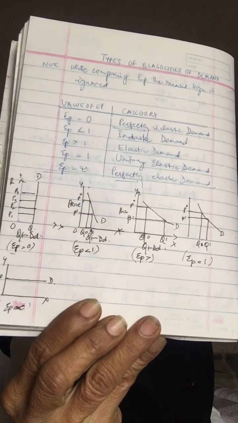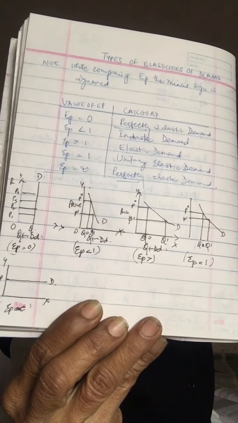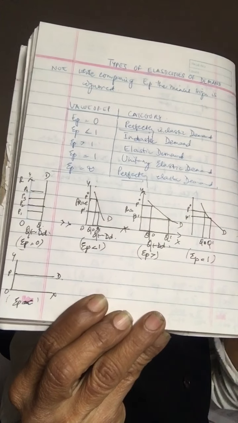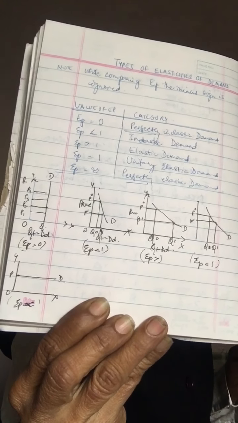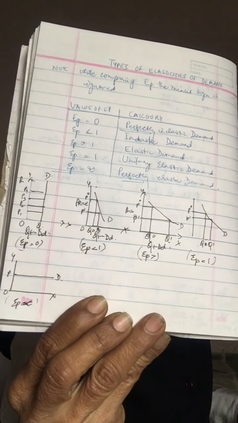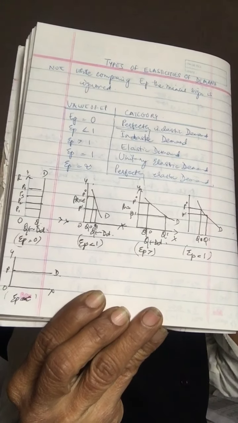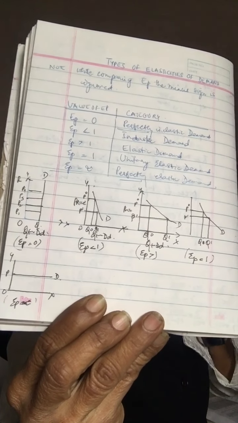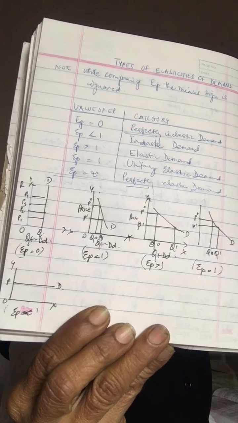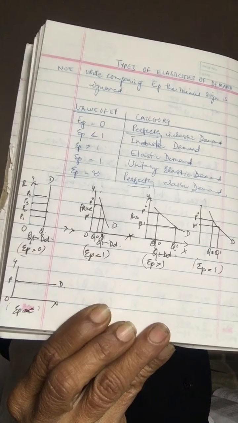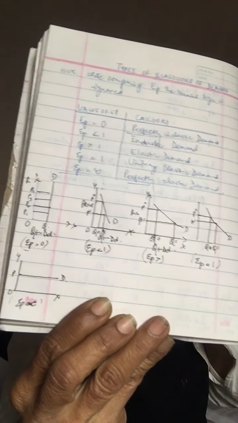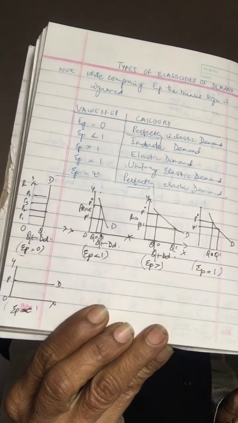Then you have what is known as unitary elastic demand, which shows that the percentage change in quantity demanded is equal to the percentage change in price. So the percentage change between the two remains the same, and that's how elasticity of demand is known to be equal to 1. So a 50% change in price will bring about a 50% change in quantity demanded.